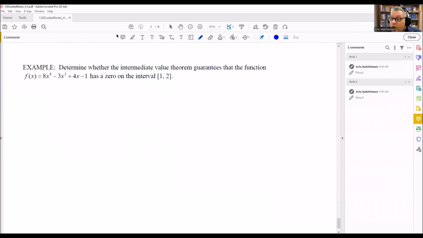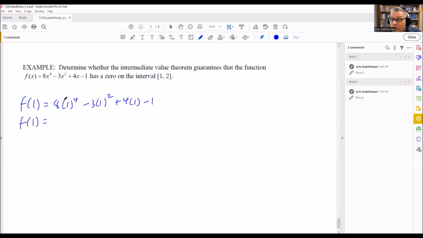Okay, so determine whether the intermediate value theorem guarantees that this has a zero on the closed interval from 1 to 2. All right, so first we're going to try f of 1. Okay, so we'll put that in here, just putting a 1 in for all the x's.